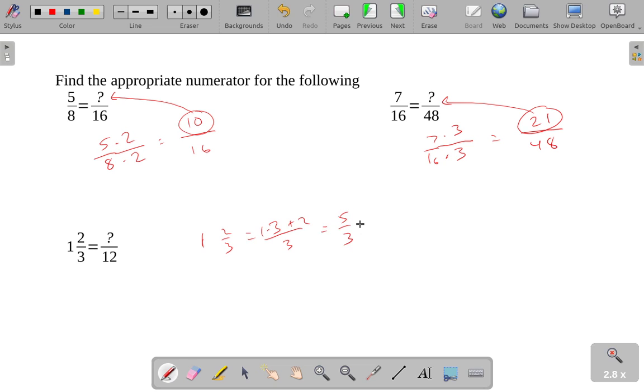So I actually have 5/3. Now that I have the fraction as 5/3, I want to figure out what number I need to multiply both the top and the bottom by to get up to 12. Specifically, I want to multiply this 3 by something to get up to 12, and I just have to do it at the top as well. So let's see, 3 times 4 is equal to 12. So the 4 is what I need. And 5 times 4 gives me 20. So it looks like this right here should have been 20 over 12.